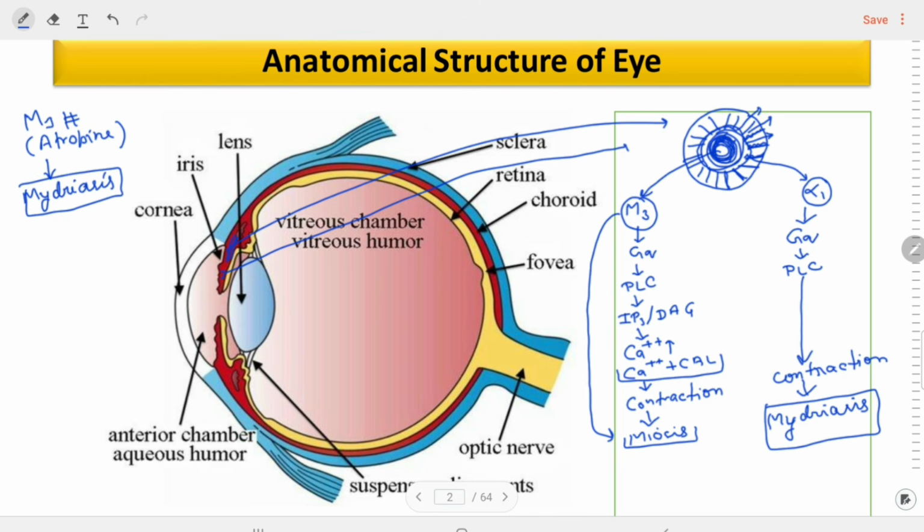Another important thing here is the presence of M3 receptors not only on the sphincter pupillae muscles, but also in the ciliary muscles. M3 receptors are also present here in the ciliary muscles.